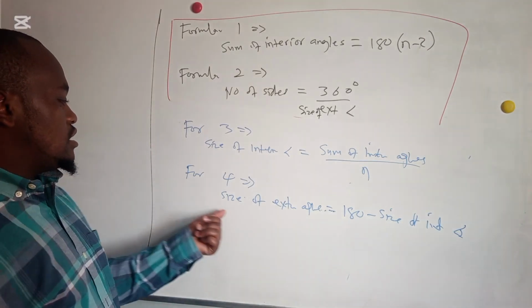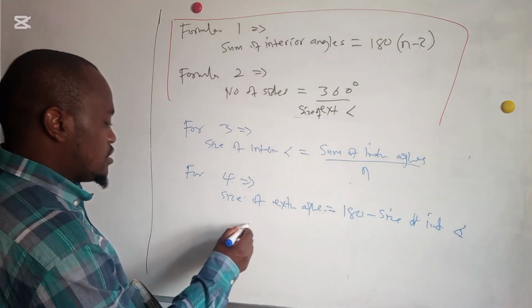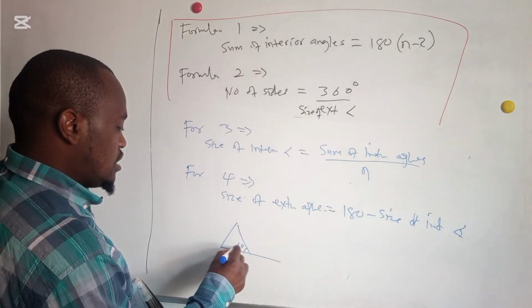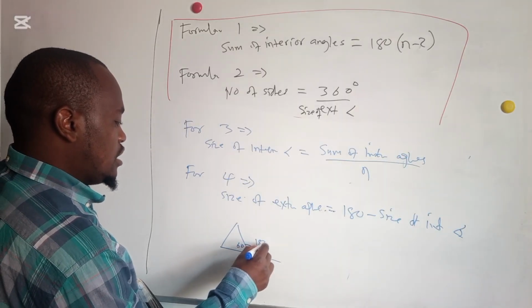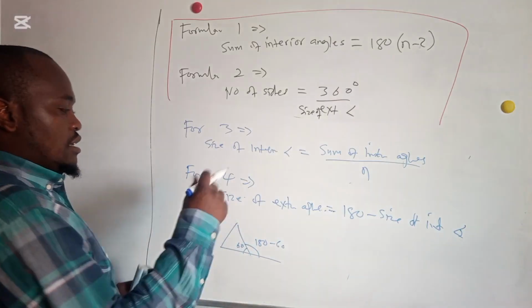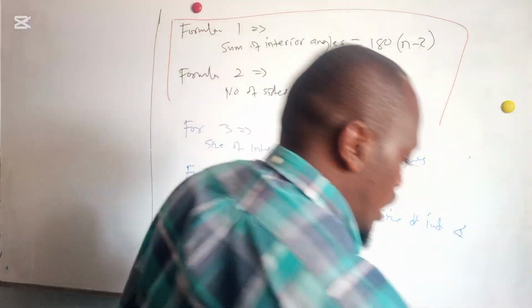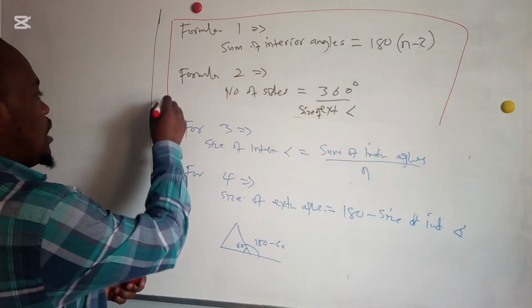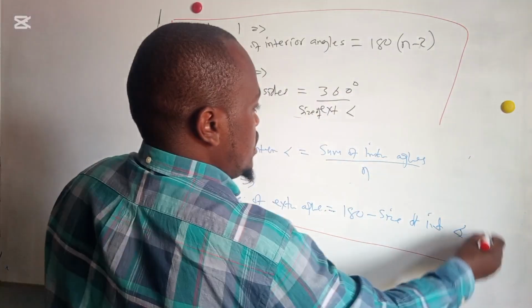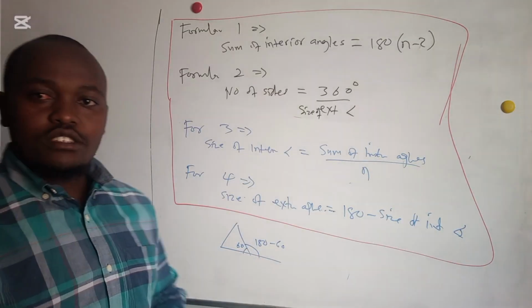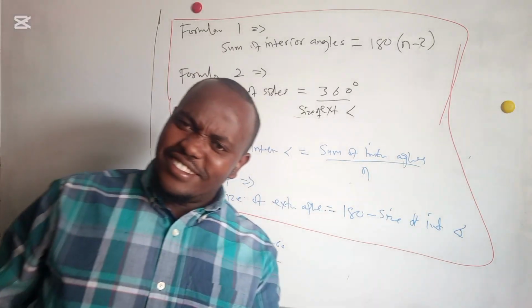So the size of exterior angle, as we have demonstrated using this triangle, if this is 60, then this is 180 minus 60. So the size of exterior angle is 180 minus the size of interior angle.